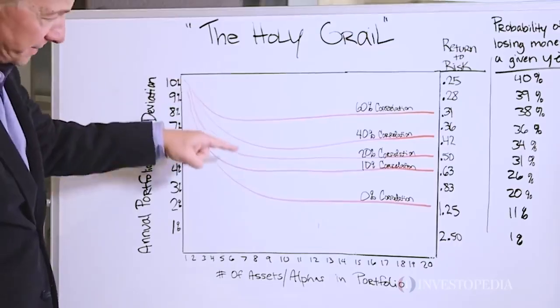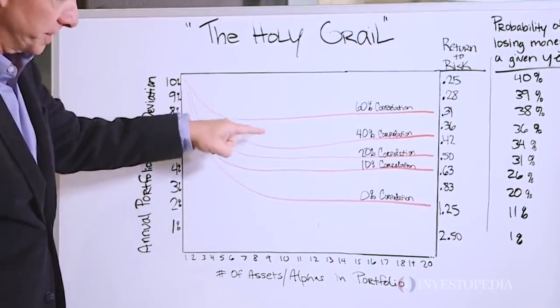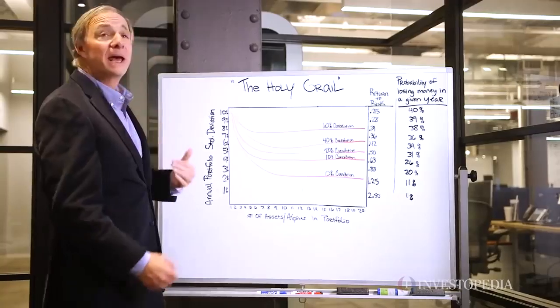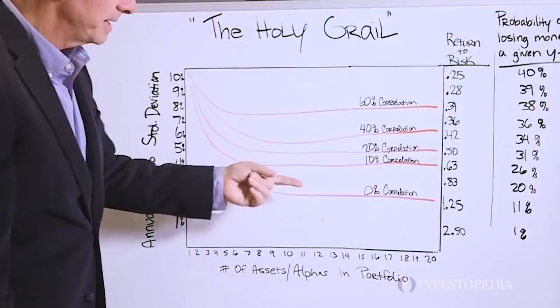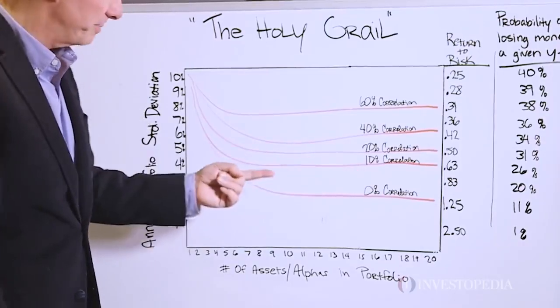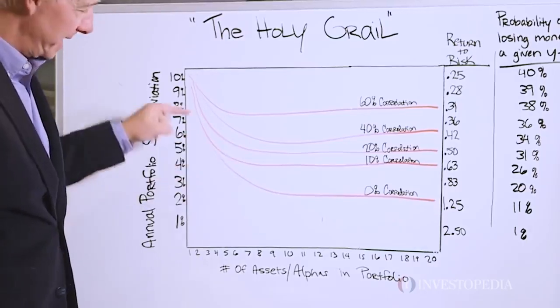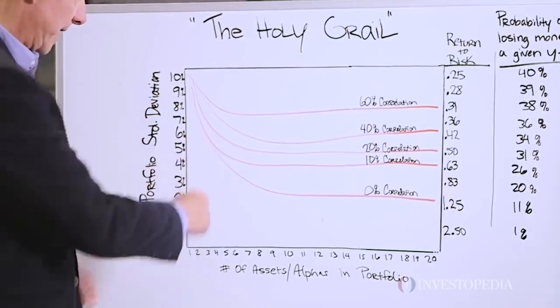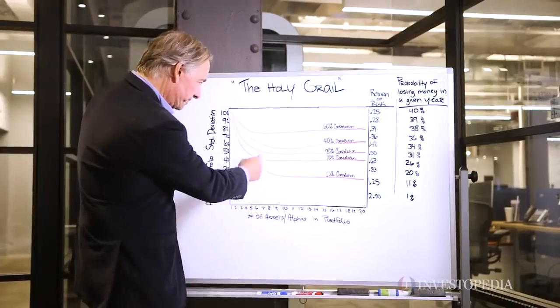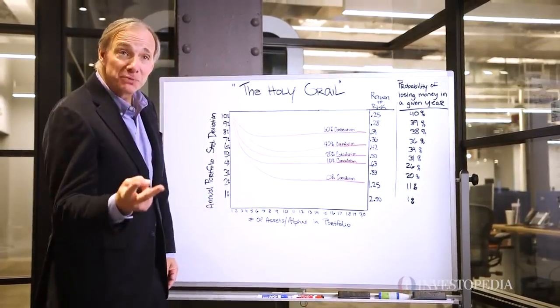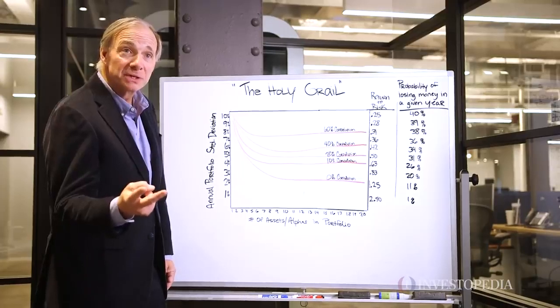Now, if I look at how that changes according to the levels of correlation, I start to think, what would happen if I added in something that had a 10% correlation, by way of example? That's what that line shows. At about 7 or 8 or so, I cut my risk in half. That means I've doubled my return relative to my risk.